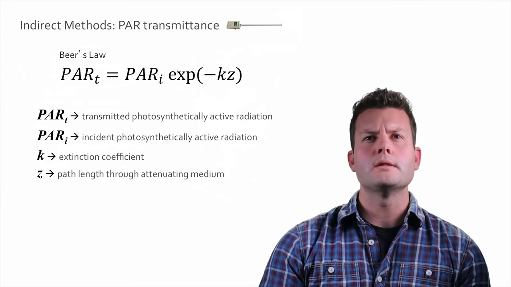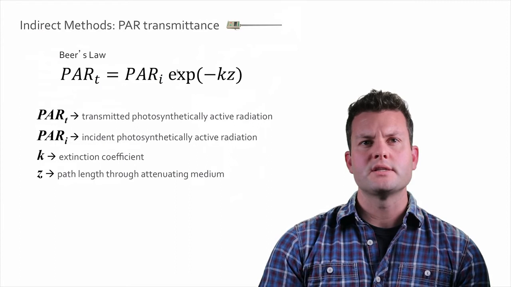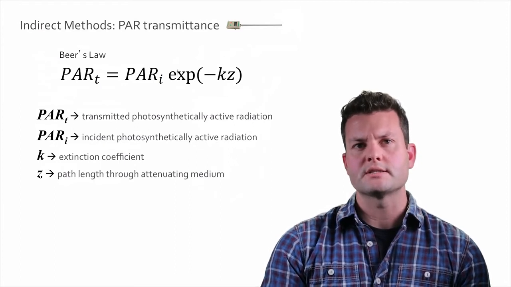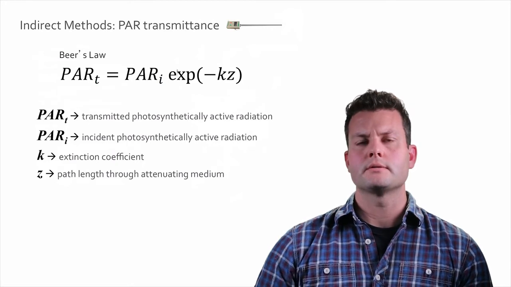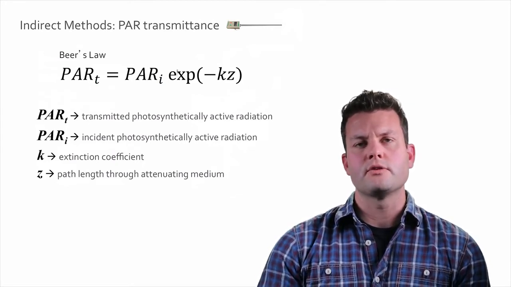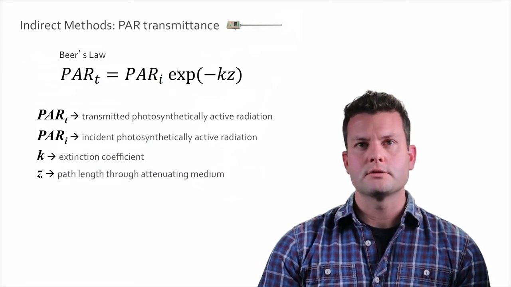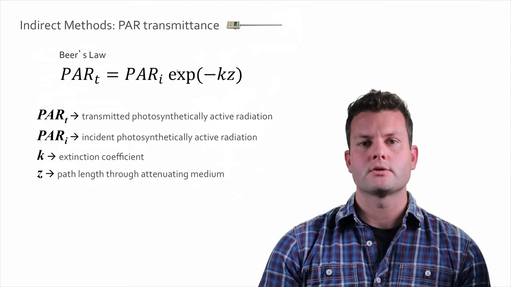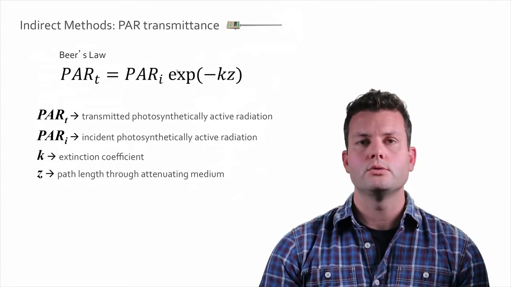Then there are two more parameters, K and Z, where K is the extinction coefficient and Z is the path length through the attenuating medium. In this case, the attenuating medium would be the canopy itself. Beer's law in this form is the foundation for what we'll talk about next, the way that we use measurements of transmitted light to estimate LAI.